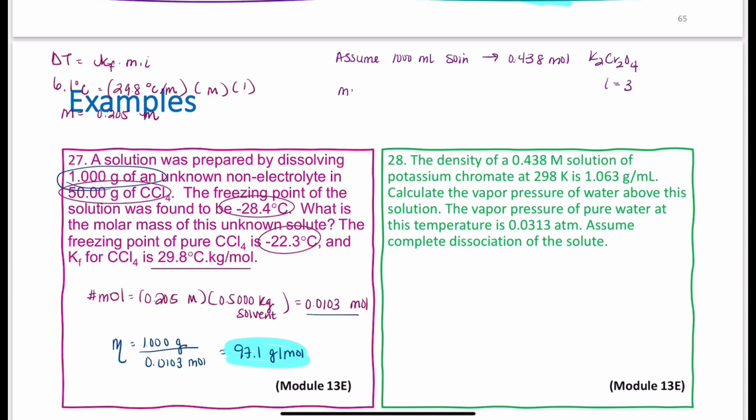I know the mass of my solution. If I assume 1,000 mL, which I did up here, and use that density, that gets me 1063 grams of the solution. I really need the mass of the solvent here.